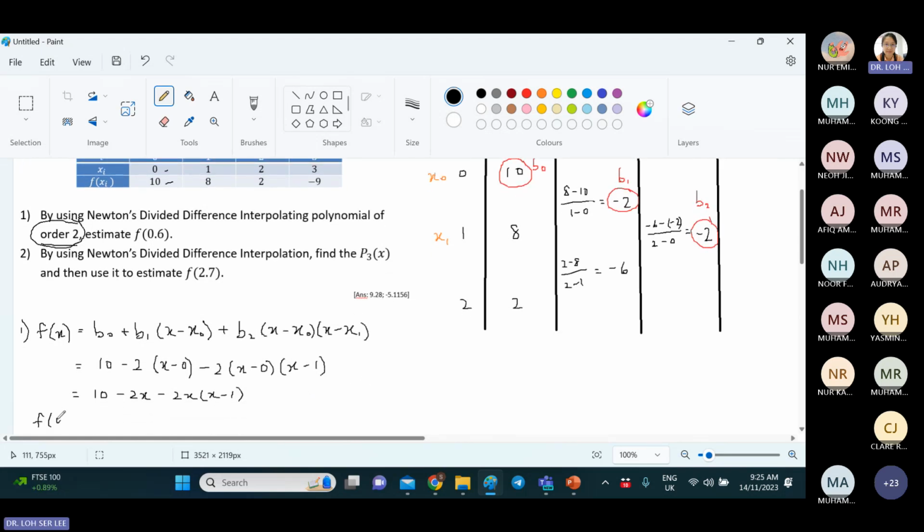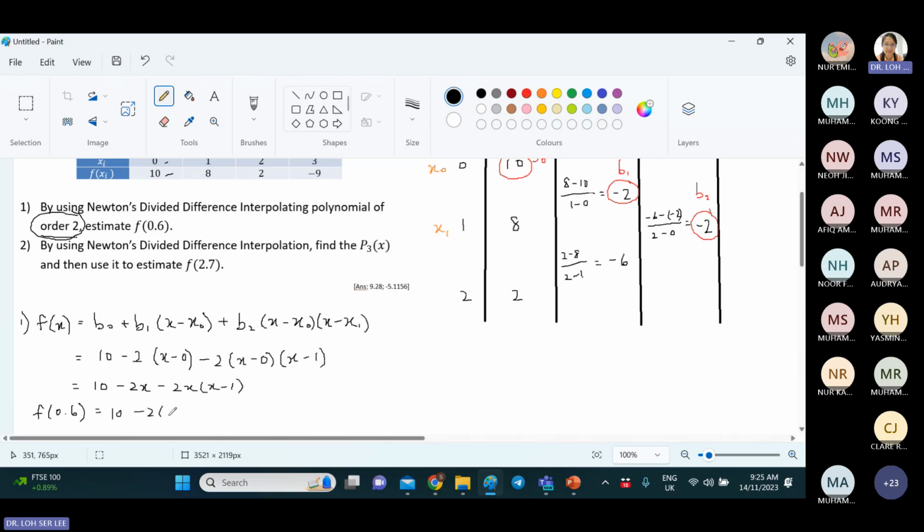Here, f(0.6). So you substitute x by 0.6, and 0.6 minus 1. So you should get 9.28. Got it?